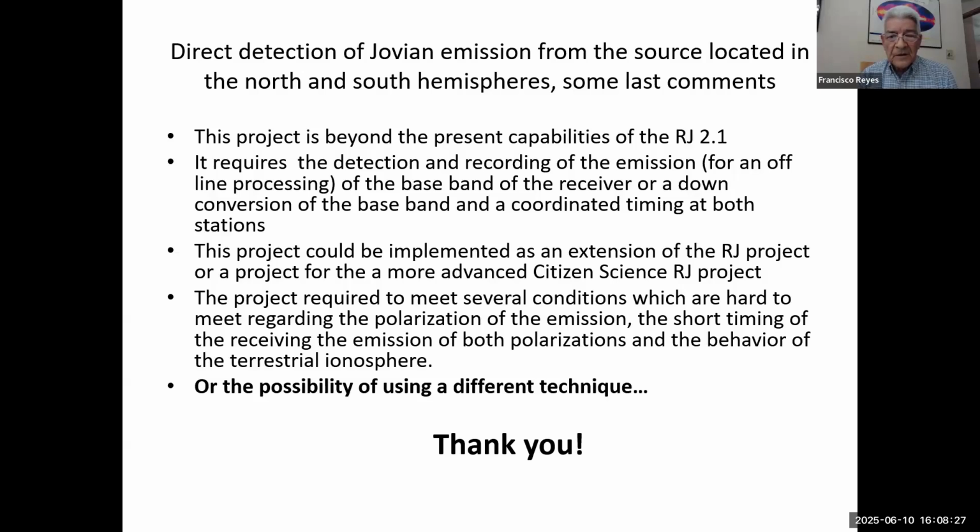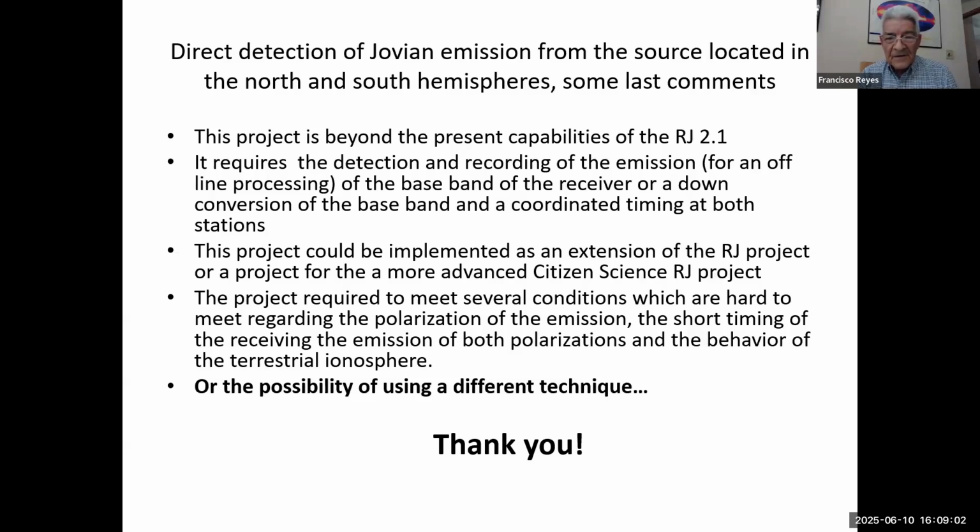So it's beyond what we are doing with the Radio JOVE 2.1. So this project can be implemented as an extension of the citizen science band. It can be citizen science Radio JOVE or any citizen science project, but it requires a lot of complications. And one of the main problems is that it requires meeting several conditions, which are hard to meet in that case.